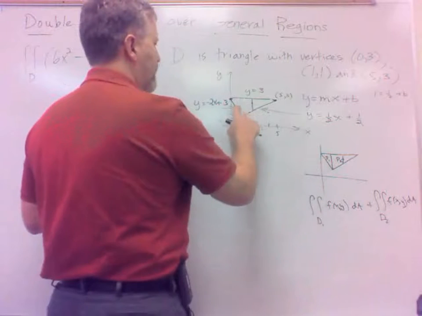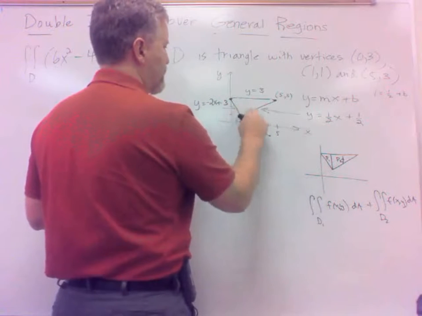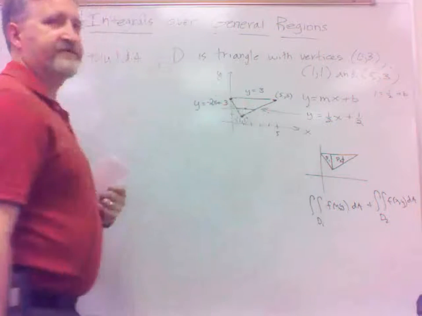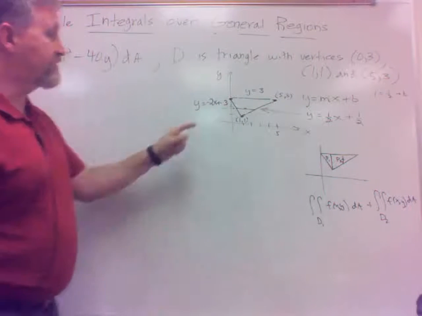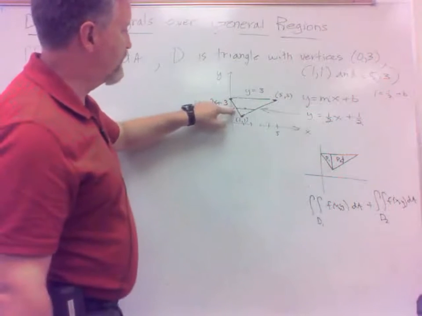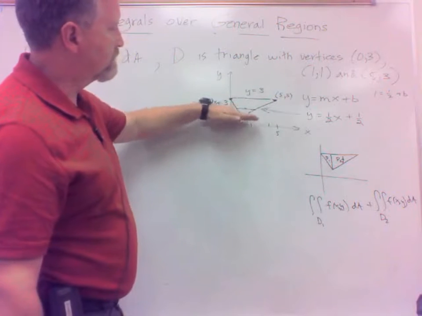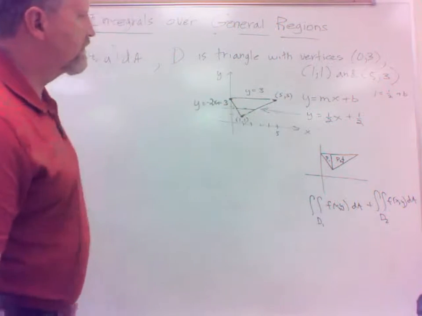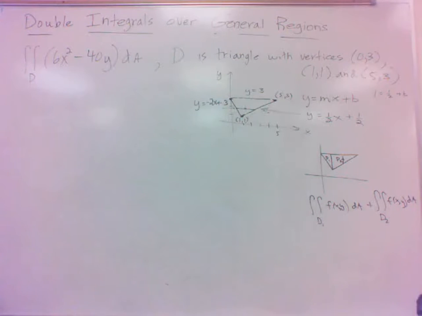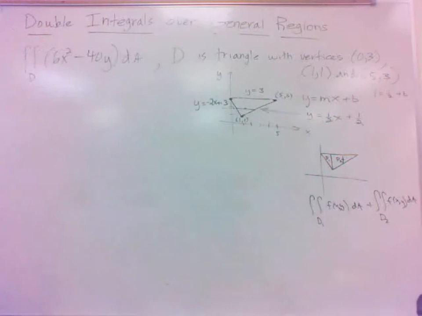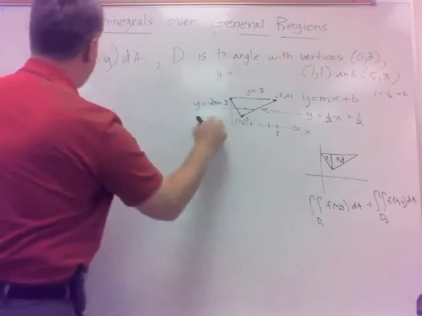What if I changed it around and did the integral with respect to y first? Well, then it's not as much of a problem, because now I'm just going from this line to this line, and that's the whole way through, because this one turns out to be straight across there. So I don't have to do two double integrals. So I'm going to integrate with respect to y first.